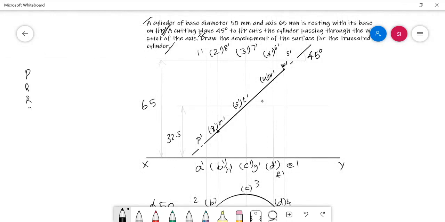The total cut points are P, Q, R, S, T, U, V and W. The cut point P is in the generator 1A, the cut point Q is in the generator 2B, the cut point R is in the generator 8H, the cut point S is in the generator 3C, the cut point T is in 7G, the cut point U is in 4D, the cut point V is in 6F, and the cut point W is in 5E.